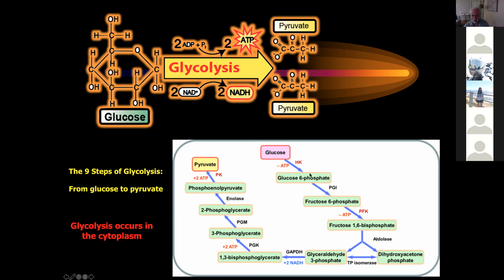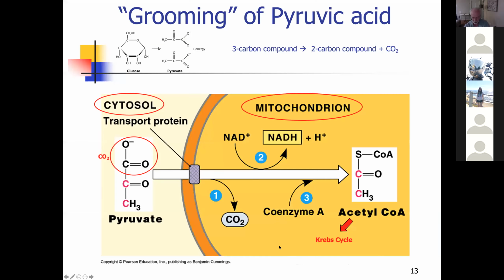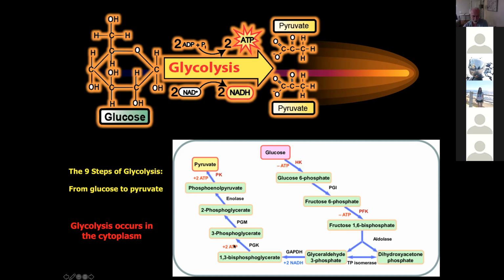So it's actually using ATP to get started, but then it generates 4 ATP, 2 here, and then 2 just before pyruvate. So 4 ATPs are generated in glycolysis. It costs 2, so the net is 2.